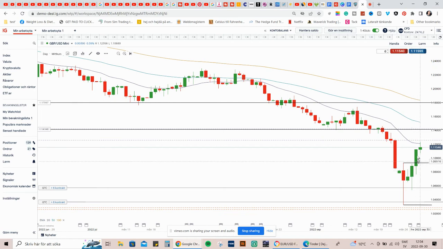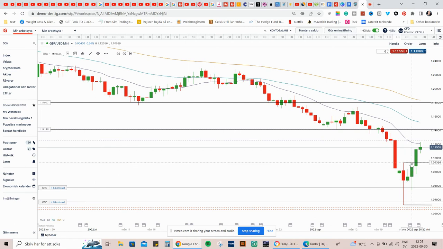Here we can see a breakout and close above the highest level of this bullish pin bar. So this is a pin bar and inside bar pattern, a very reliable pattern to use when using a breakout strategy.